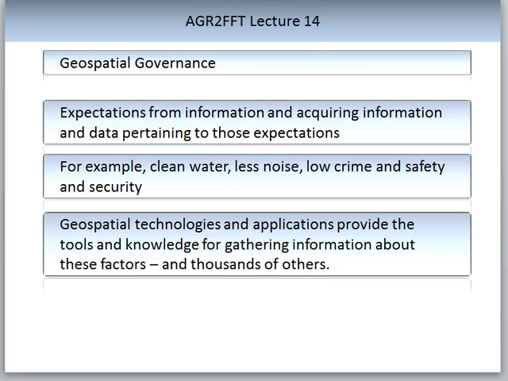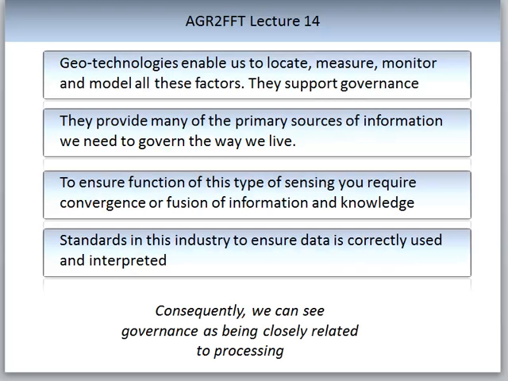There are factors that are collected and considered in agriculture. As you may remember, geotechnologies enable us to locate, measure, monitor and model all of these factors. Therefore, you could say they support governance. They provide many of the primary sources of information we need to govern the way we live.